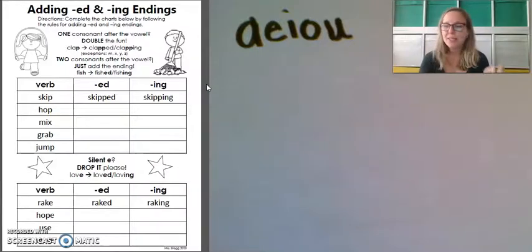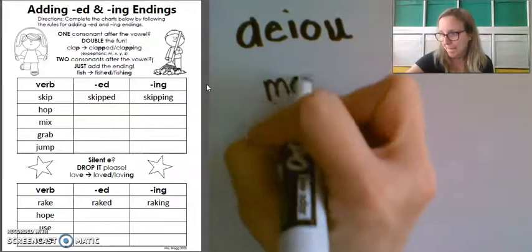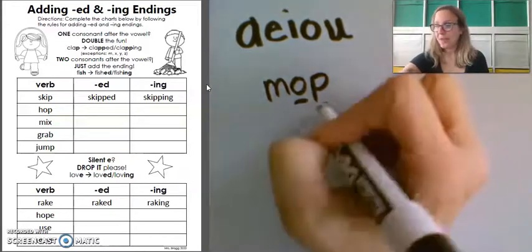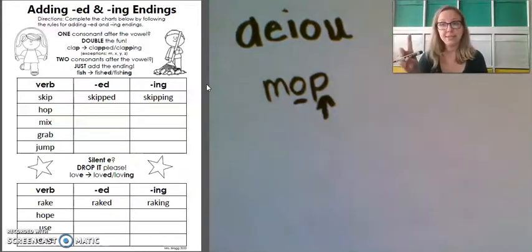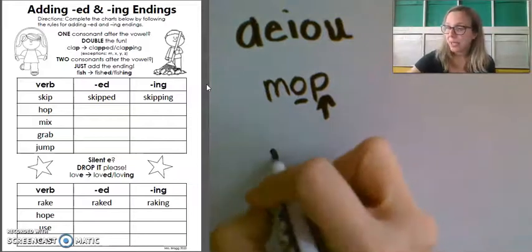So let's take the word mop, okay? M-O-P, mop. Here's my vowel, O, and I have just one consonant after that vowel. So if I wanted to add ed to say, yesterday I mopped the floor, I would write my word mop.